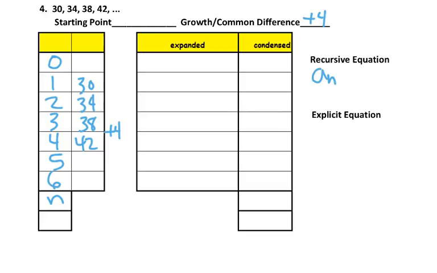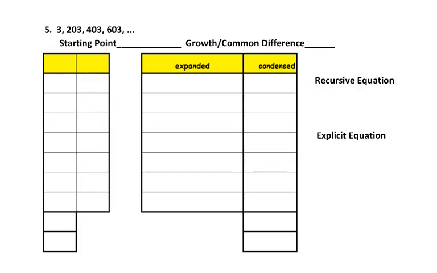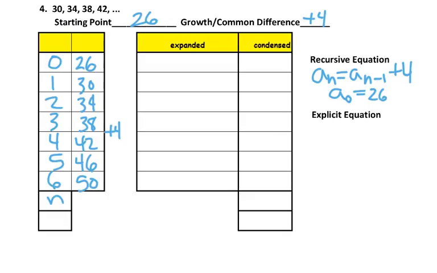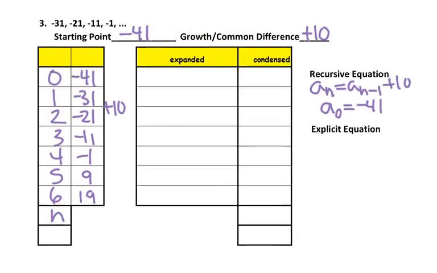So a sub n equals a sub n minus 1 plus 4. Remember, this is the next term, that's the previous term. If we go backwards, we'd have 26 for our starting. So a sub 0 equals 26. And that would be 46 and 50. Oh, yeah, it was number 4.